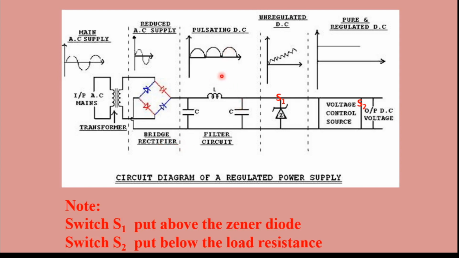Next section is the filter circuit. Now the pulsating DC obtained from the bridge rectifier section is applied on the filter circuit. The filter circuit removes AC components from this output voltage and we get unregulated DC voltage. Now this unregulated voltage is applied on the Zener diode and in the final section we get regulated DC voltage. In this way the regulated power supply works.